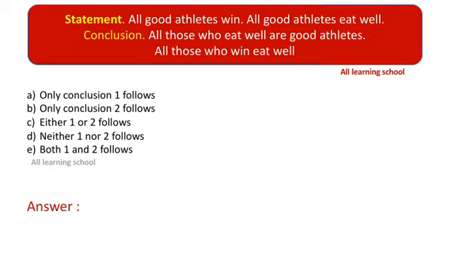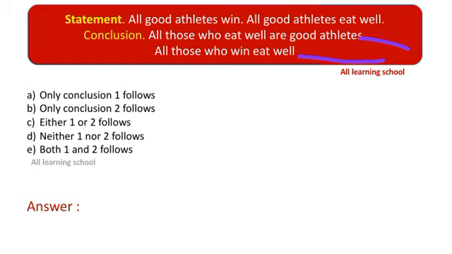Now question number 12: all good athletes win, all good athletes eat well. Here the first statement is positive and the second statement is positive. If both statements are positive, the conclusion will be positive. As both conclusions are positive, both conclusions can be followed. Now look at our second rule: merging these two statements with common words and an income of 100 at least once.